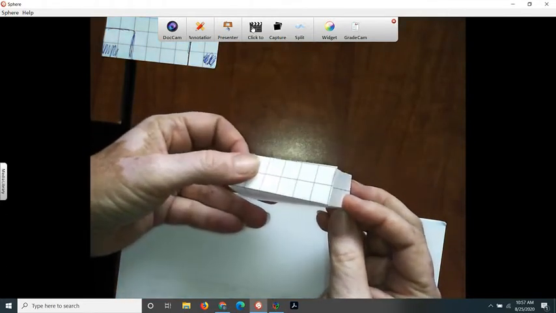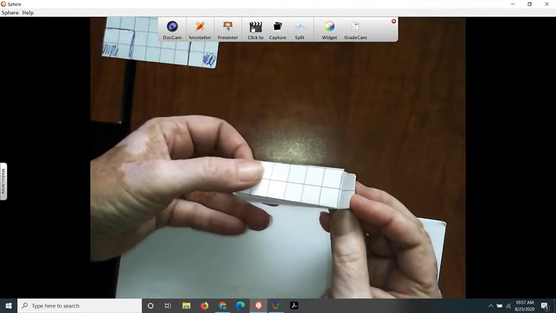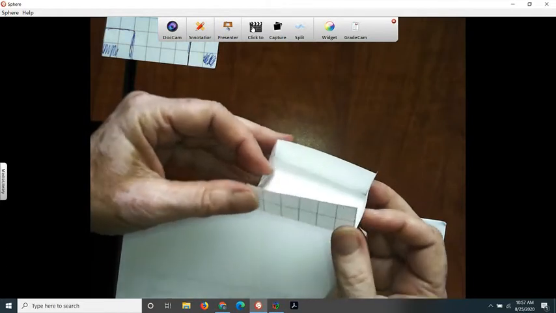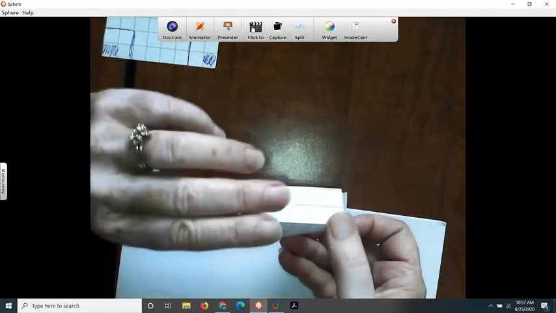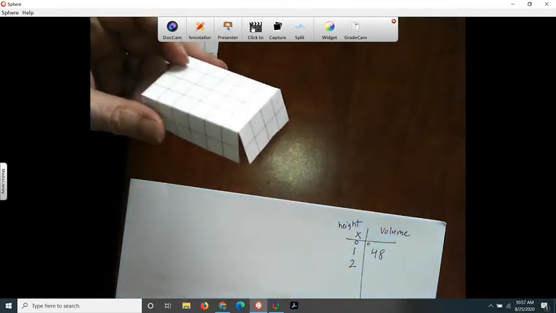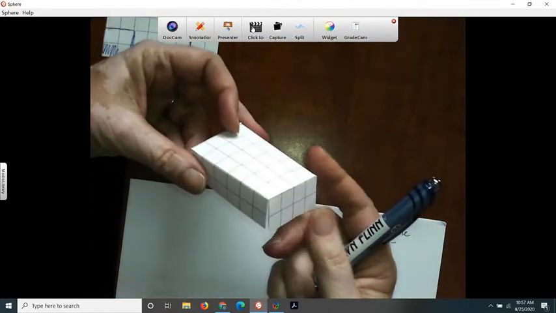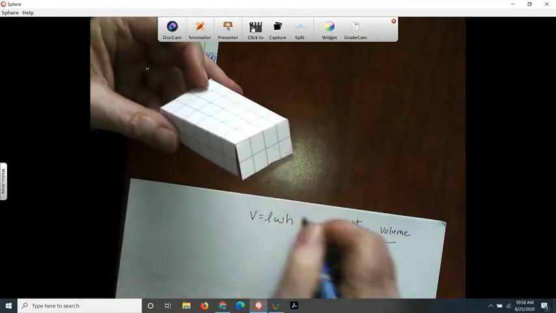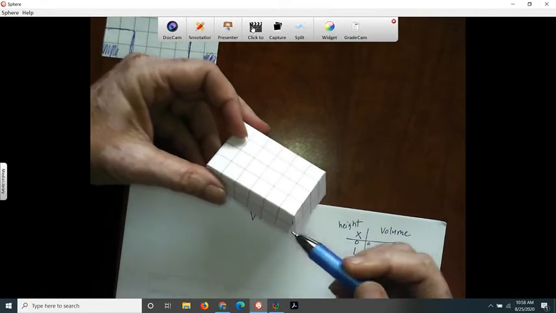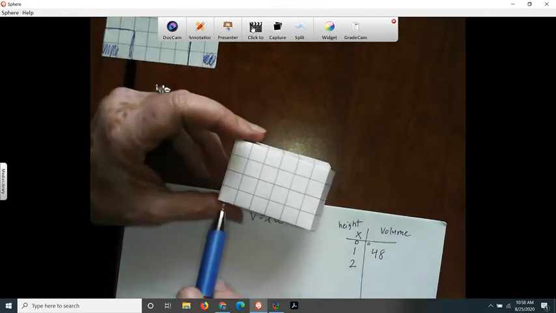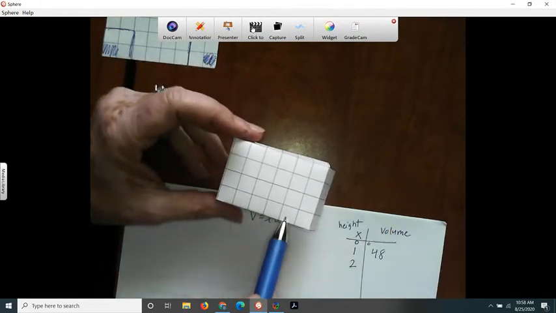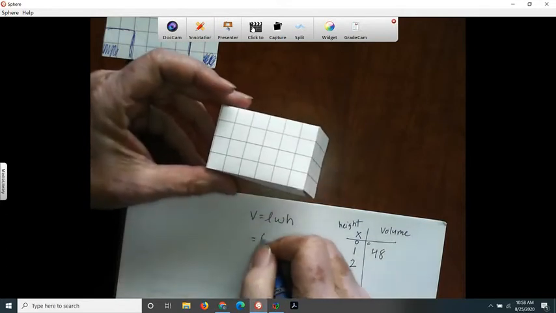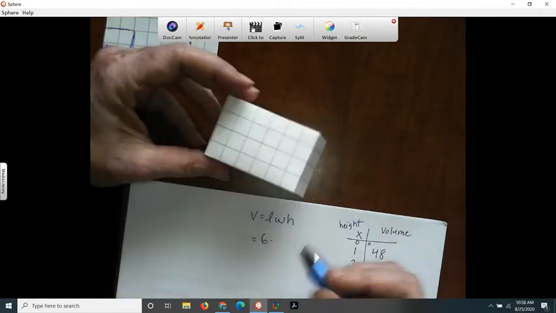And what is the volume of this? Well, volume is length times width times height. Let's write that down. So it's going to be length 6, width is 4, height is 2. 6 times 4 is 24 times 2.